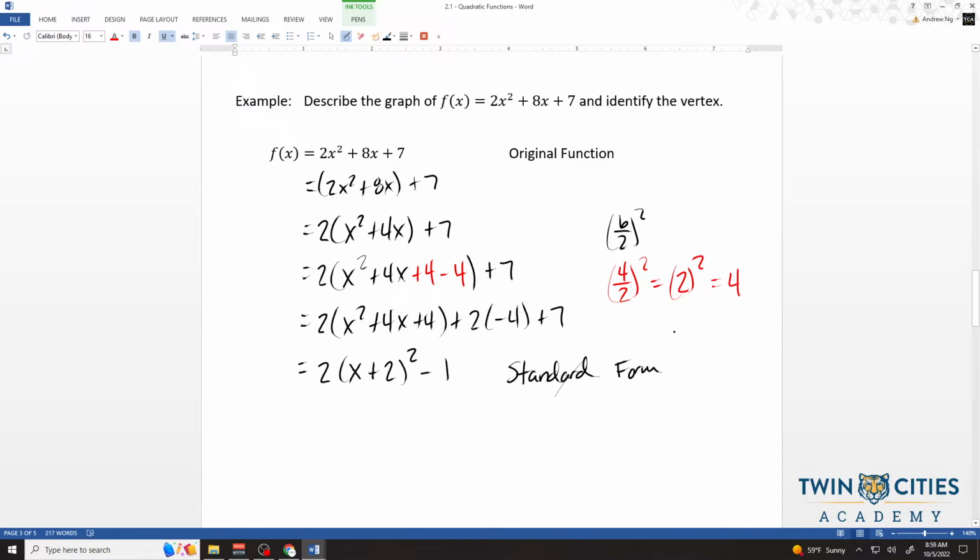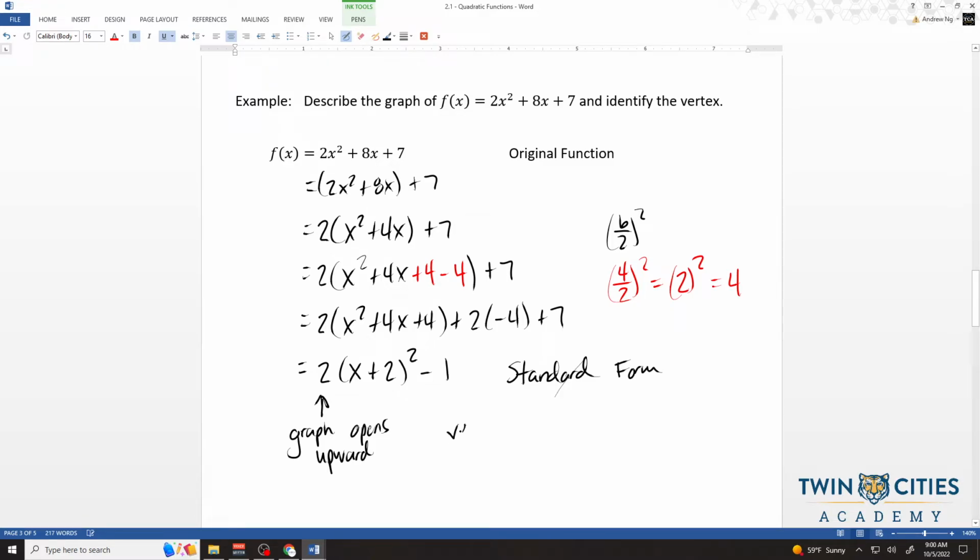And what does this allow me to do? Well, this tells me that because a is positive, the graph will open upward. And I also know that here, the regular standard form is x minus h. Because this is x plus 2, I know that h is negative 2, and that k here is negative 1.